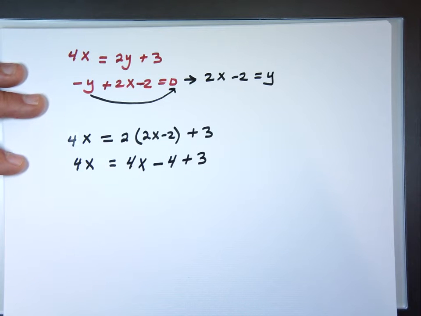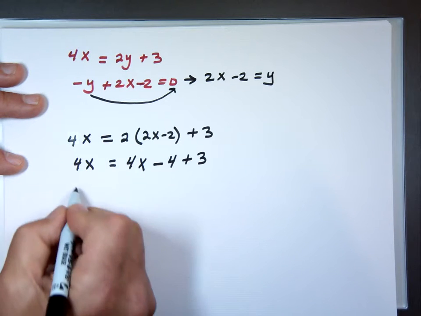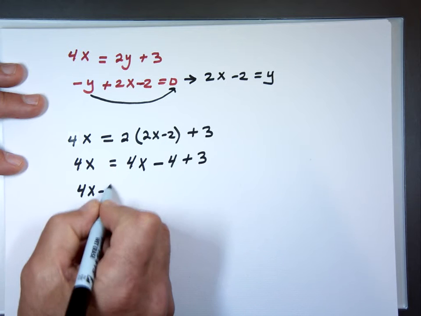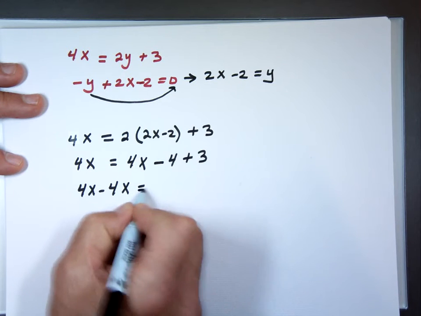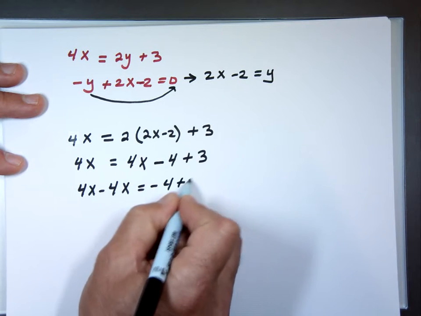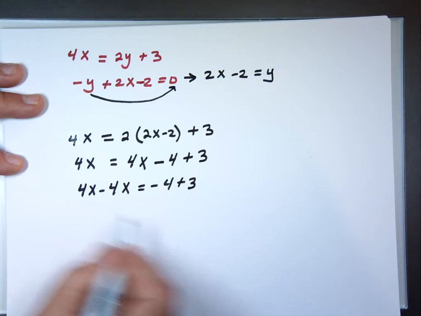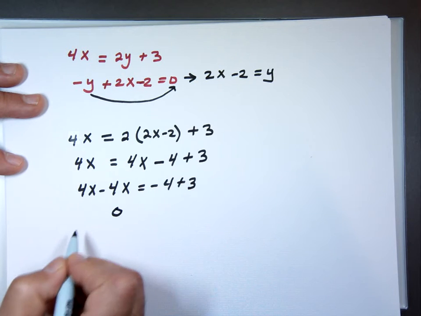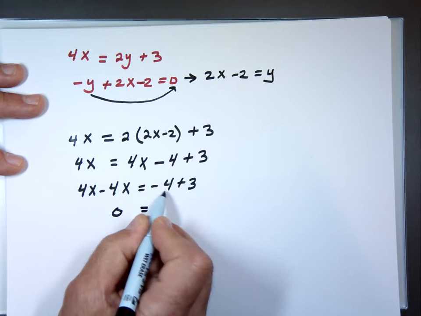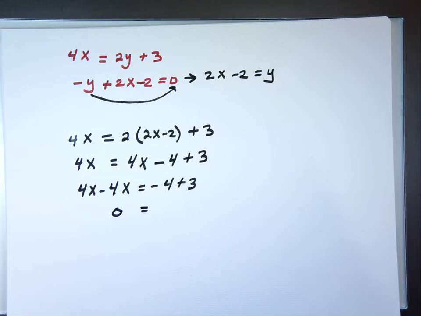Solve this. Move all the x's to one side, all the numbers to the opposite side. What's 4x minus 4x? 0. What's negative 4 plus 3? Negative 1.